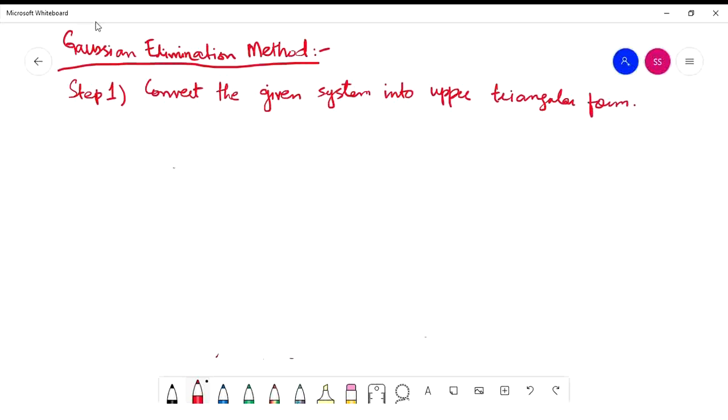To convert to upper triangular form, you select the pivot positions.